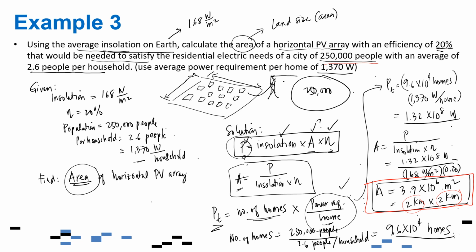So you need a really large land area to generate the required amount of power to give electrical access to all of the people in that community. These are just some examples of basic calculations for determining power, area required, and the use of insolation and other parameters for solar PV electrical energy generation.